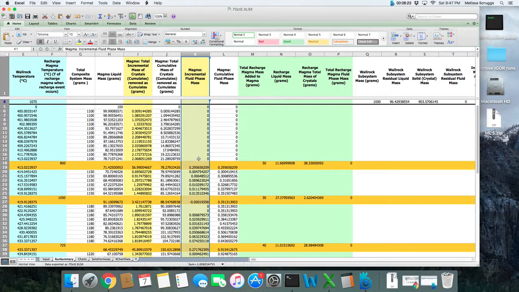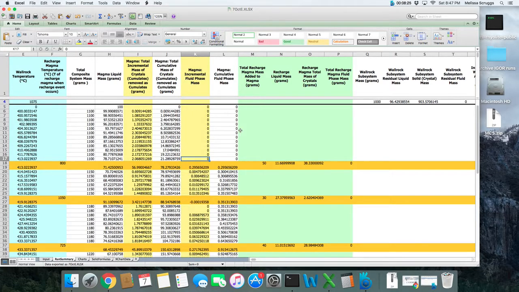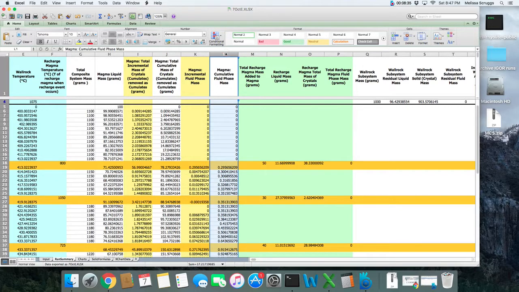So here, before our first recharge event, we don't have any exsolved volatiles, so there is no fluid to remove as a cumulate. But after our first recharge event, we start removing fluid. Likewise, column L is just the cumulative of column K. It's just that running tally, so you don't have to add it up later.